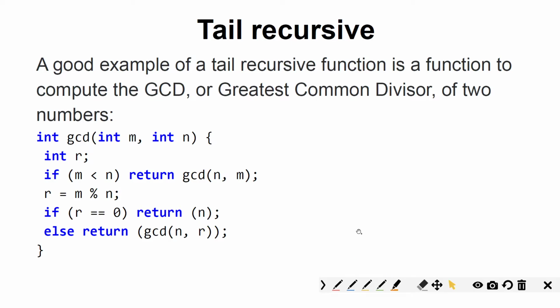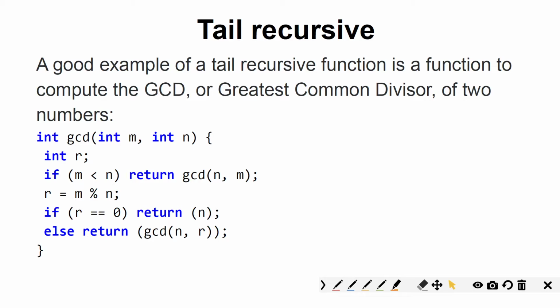Here it's, I don't know, it's hard to explain more, because a tail recursive function is really this simple. It's when you have more than once you're calling the same function, same function.